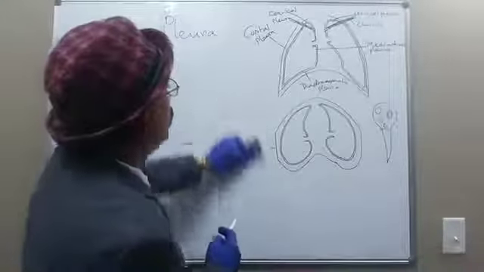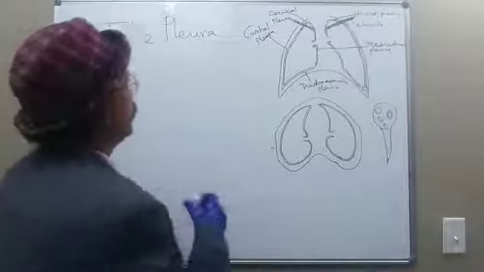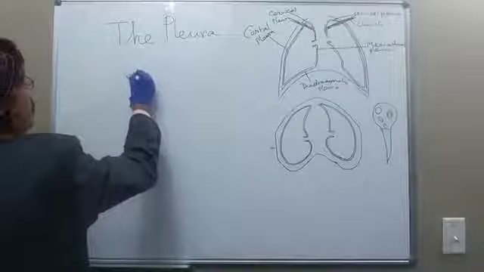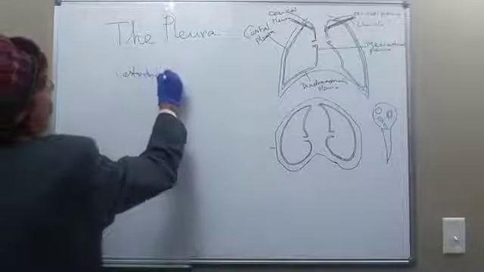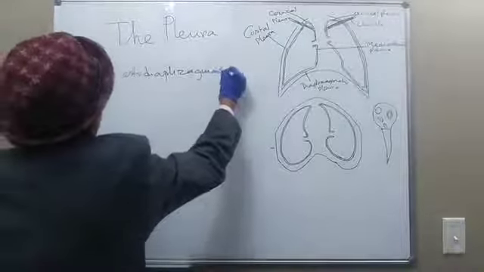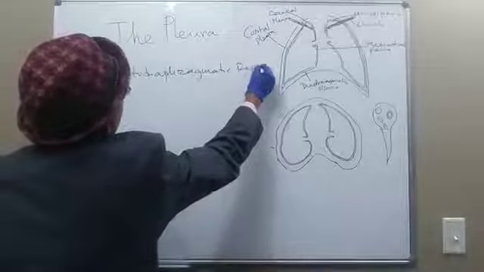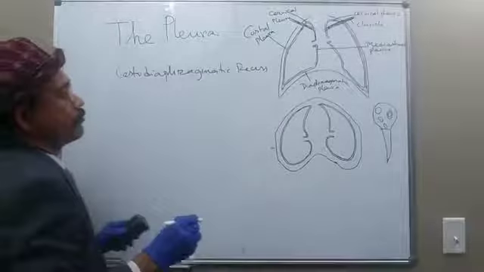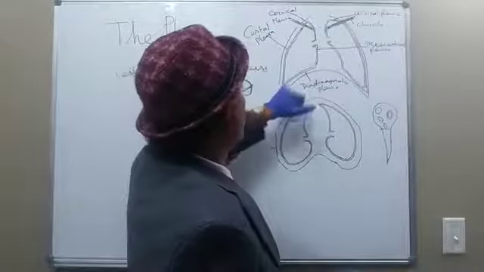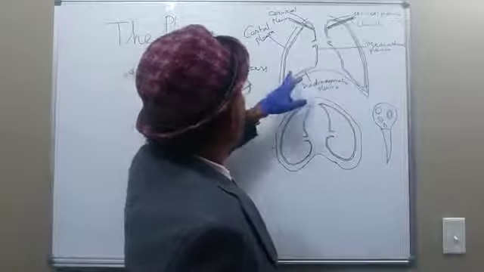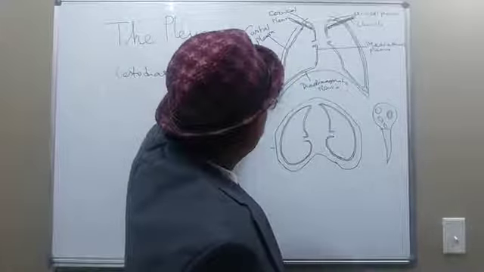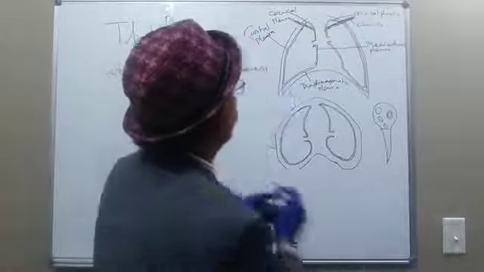Now we have to know recess. In the parietal pleura, we have the costodiaphragmatic recess. Costodiaphragmatic recess is a slit between the costal pleura and the diaphragmatic pleura.